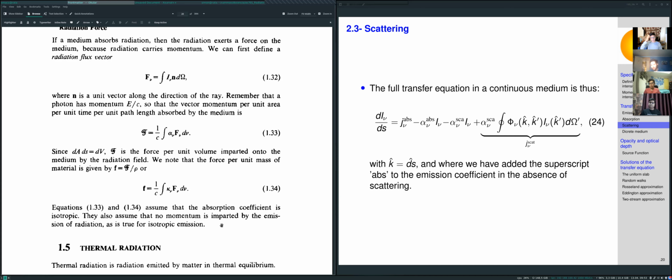For a dust grain, we have millions of photons being emitted in a given time interval, and each of their momenta cancel out. So it averages to zero for isotropic emission. But we could imagine a situation where the emission is not isotropic, and that will lead to a net acceleration for anisotropic emission.